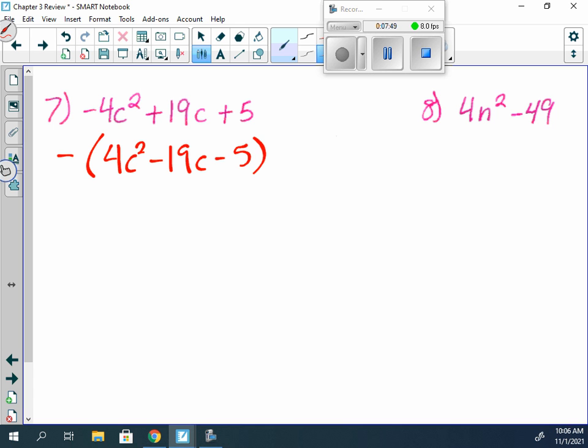I would factor that negative out to make it a little bit easier to work with. Now when we look at the sign of the third term, since it's negative, our signs are opposite.